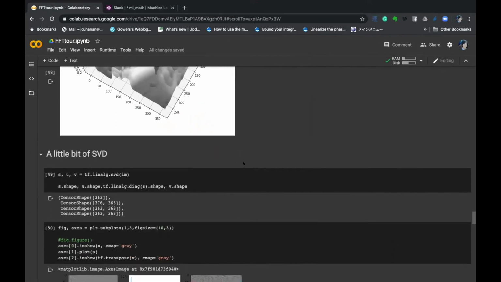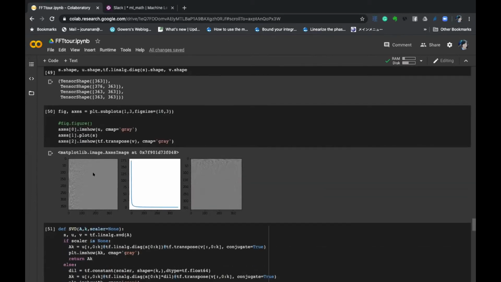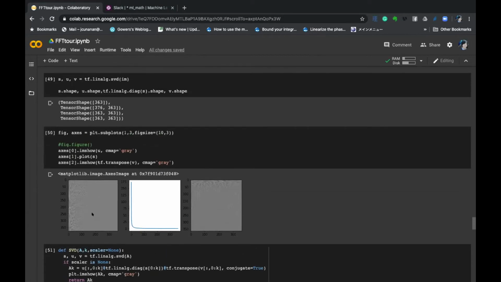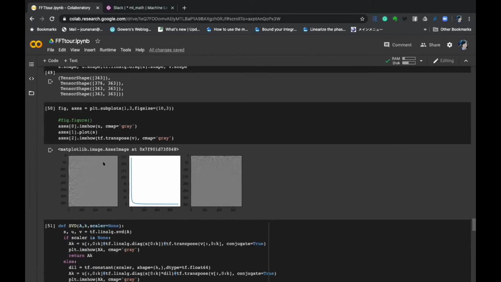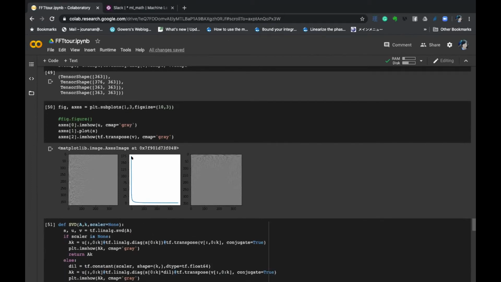You can see it here, S, U, V, the photo, and then I plot in grayscale the resulting images for each U and V. For S, there's no point in plotting it. It's mostly zero. So we just look at their values. You can see that the singular values go down very quickly. The biggest one is the first one, and the second biggest one is the next.